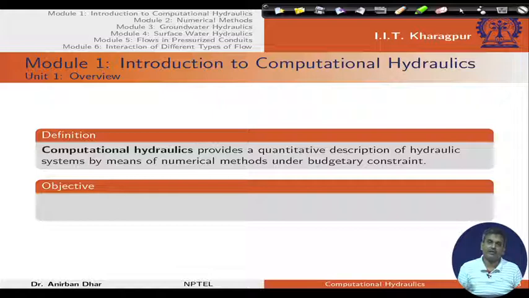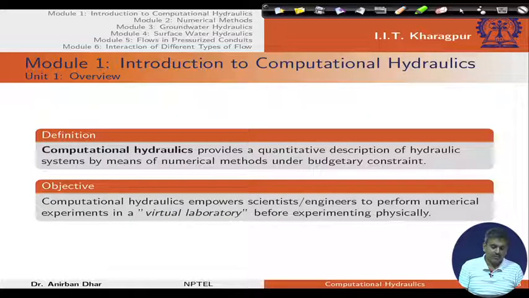Obviously this budgetary constraint means that we have limitation of computational resources. The objective is that computational hydraulics empowers scientists and engineers to perform numerical experiments in a virtual laboratory before experimenting physically.